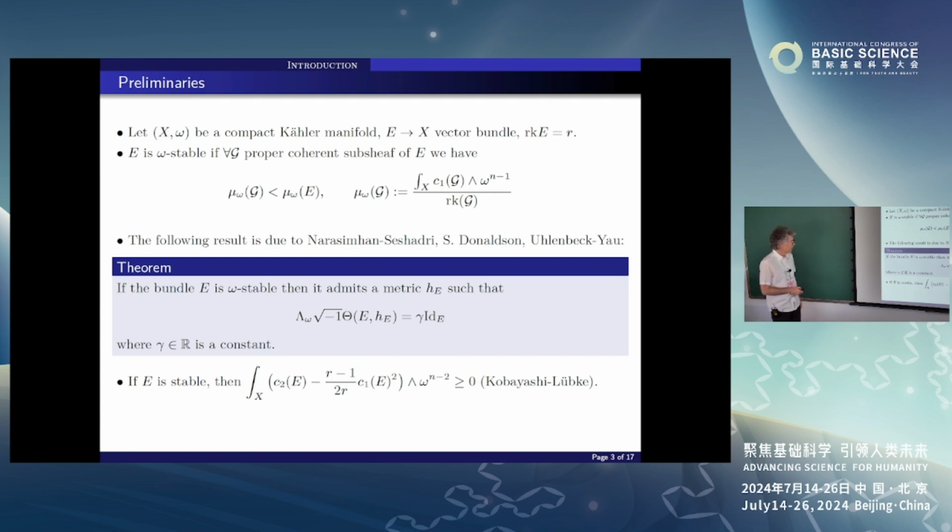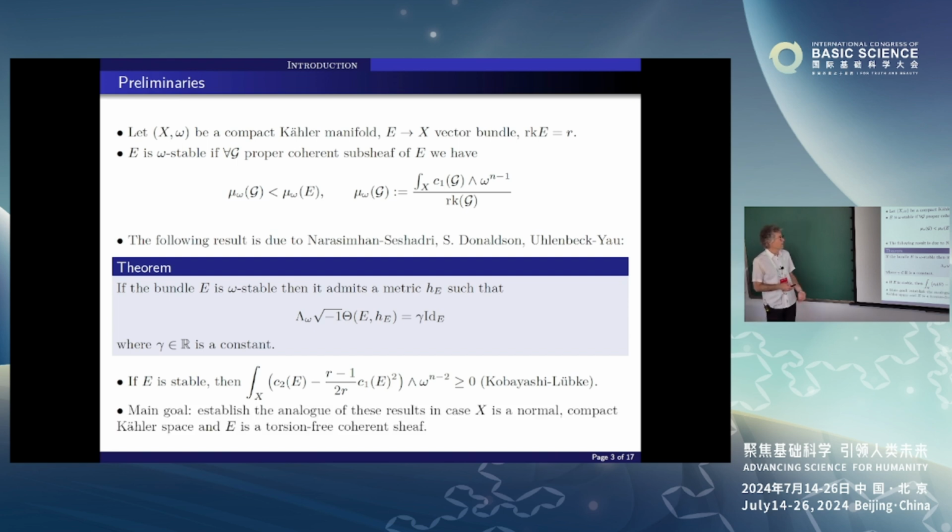Now, as a consequence of this, if E is stable, you have a very, very interesting Chern class inequality, the Kobayashi-Lübke, between C2 and C1 squared, which is the one here, and which is particularly relevant for the rest of my talk.